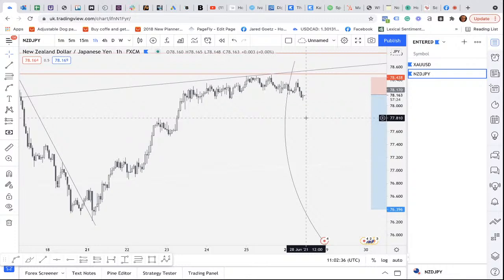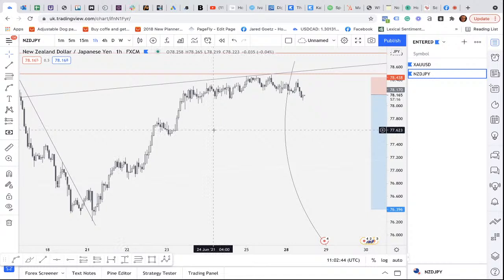It could come down to here, it could come down to here, but we're just going to be analysing this trade and making sure that if anything does crop up that lets us know that we might actually have made the wrong decision here, we will be looking to either exit that trade or move our stop loss accordingly. So let's quickly go over to gold before we go into the watch list.